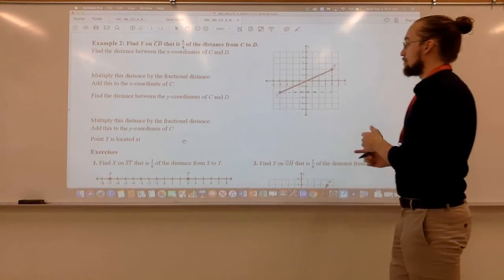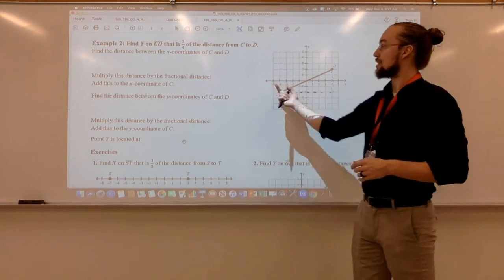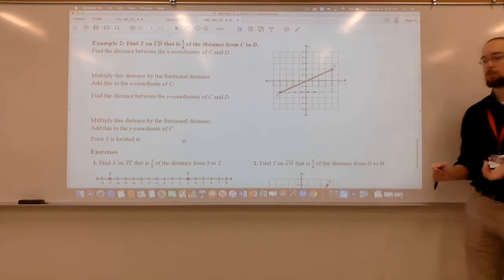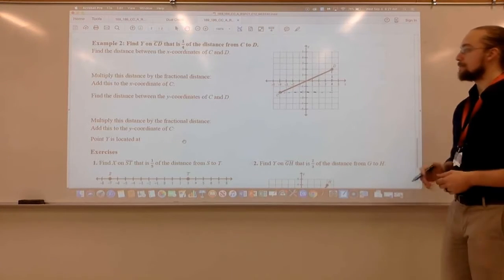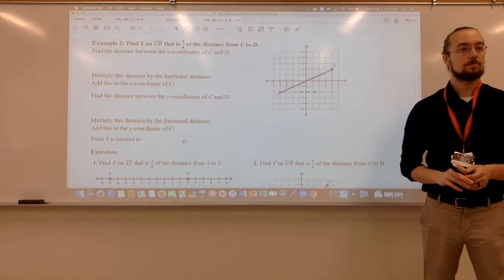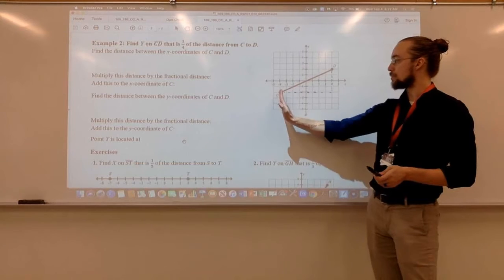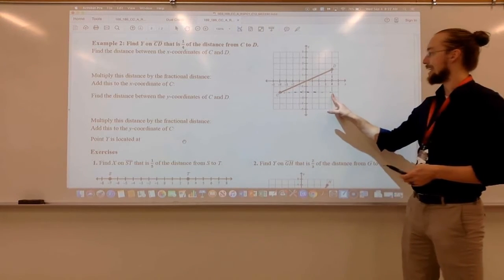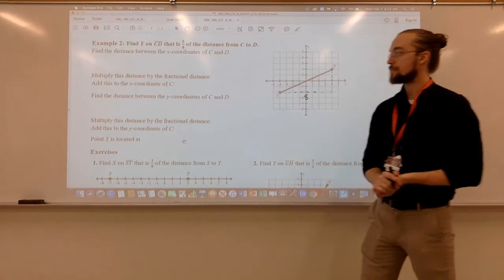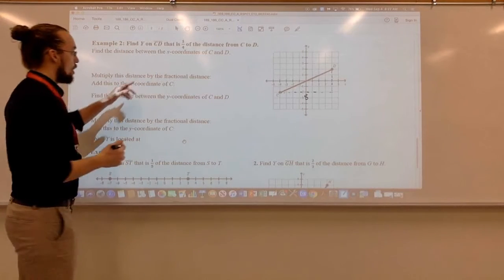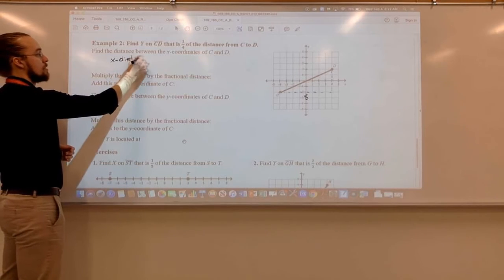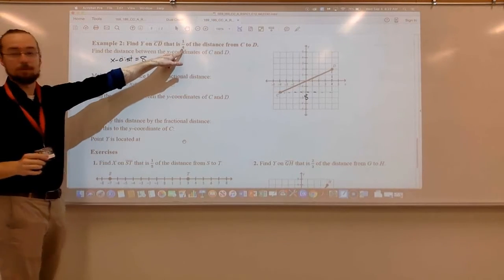So first, I want to find the x distance between C and D. In other words, the length of the bottom of this triangle. What would that be? Eight, right? If I'm starting at -4 and ending at +4, that x distance is 8. Well, now, I want 1/4 of that.